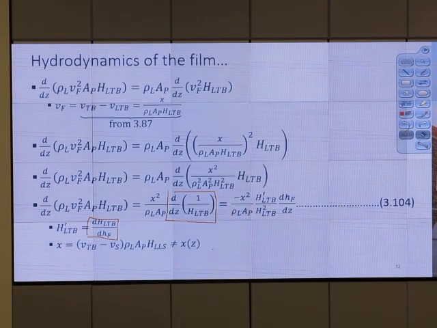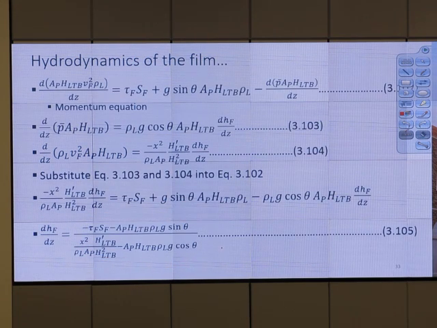So let's go back. From our governing equation we have this, 3.104, and we know that x is the relative velocity. If we look from the slug body, it is the relative velocity multiplied by rho A_P H_LLS, and x is not a function of distance z. Okay. Put everything back. Start from the previous equation that we already have.